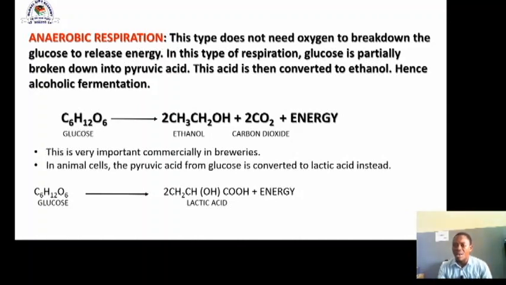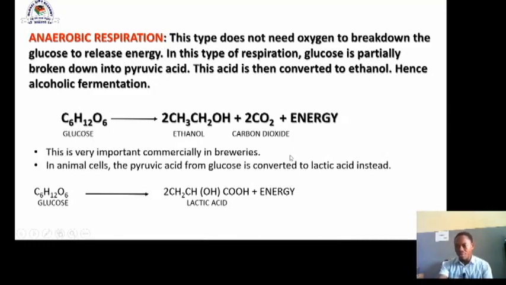So the process of alcoholic fermentation is this anaerobic respiration. So when glucose undergoes alcoholic fermentation in the absence of oxygen, it is called anaerobic respiration. See the equation below. This is glucose being broken into ethanol and carbon dioxide together with energy.